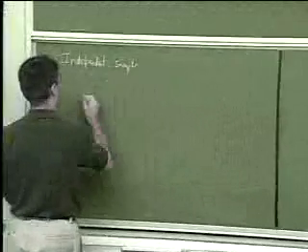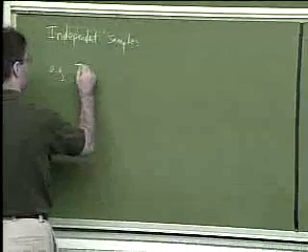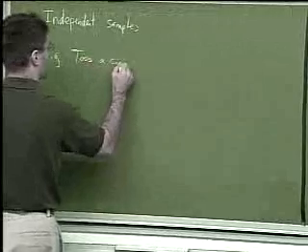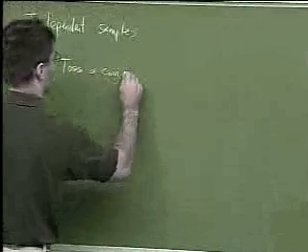Okay, so remember that. Something else I want to talk about is independent samples. So for instance, toss a coin multiple times.